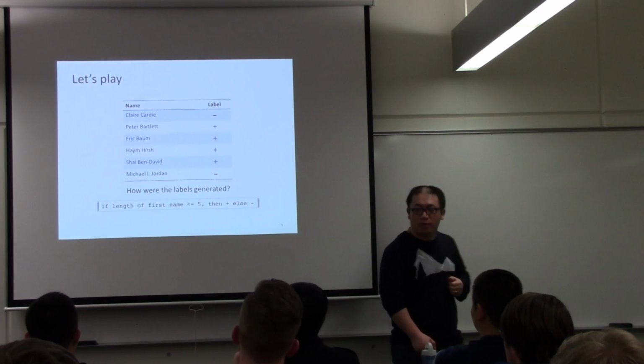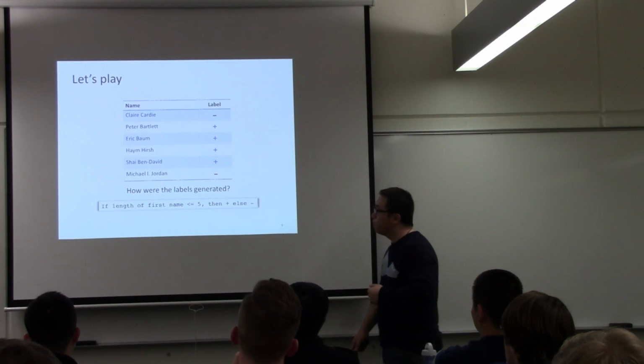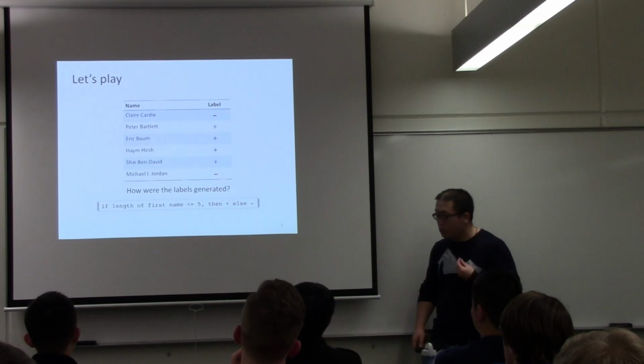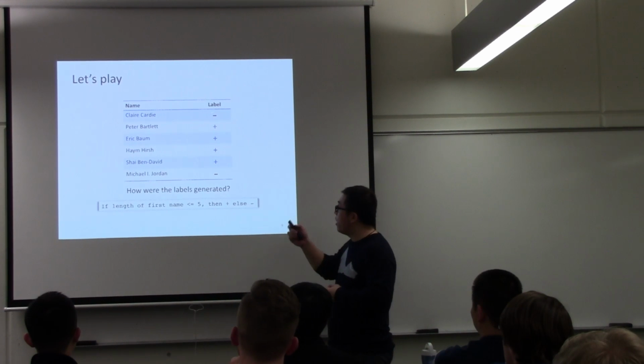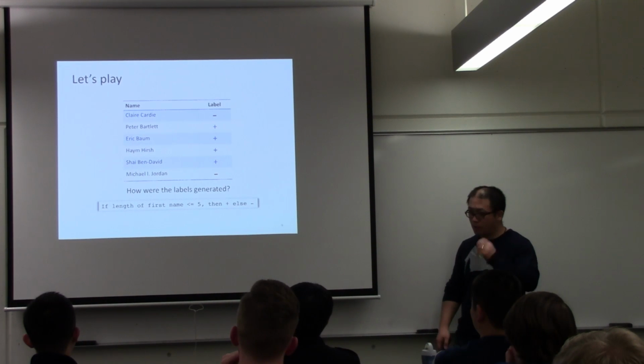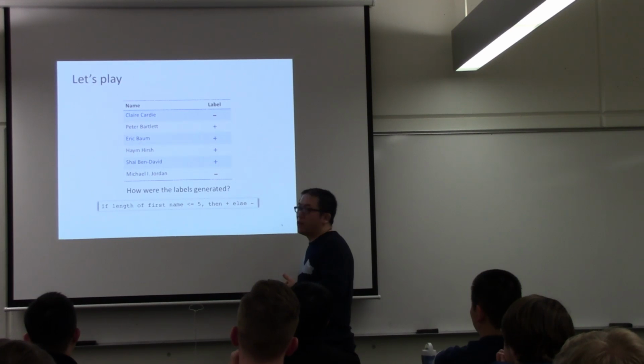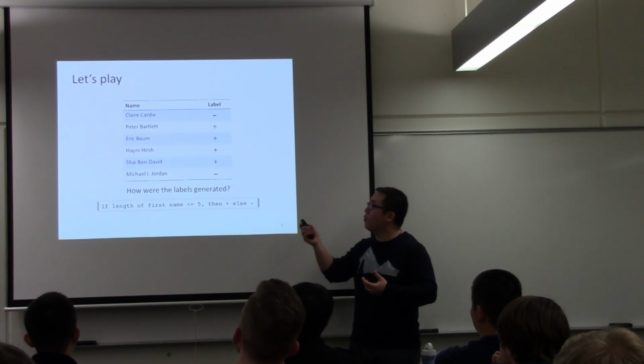So let us look at this function. It's a very simple function. It says if the length of the first name is less than or equal to 5, then we produce a positive label. Otherwise, we produce a negative label. We first need to examine whether our function is consistent with our training labels.